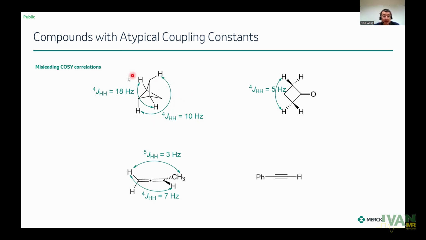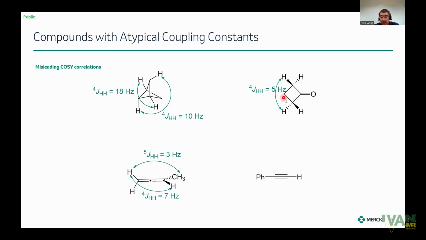This BCP is unsubstituted, so the protons are equivalent and the coupling is degenerate, but the coupling constant can still be calculated by DFT calculations. I will talk about the BCP later in the talk.